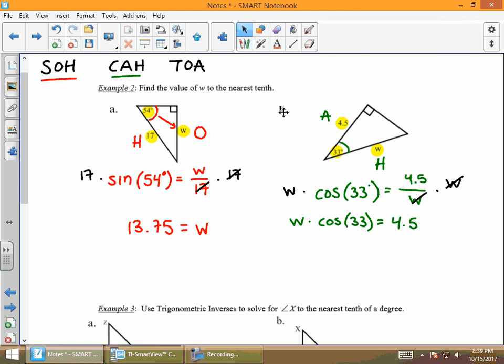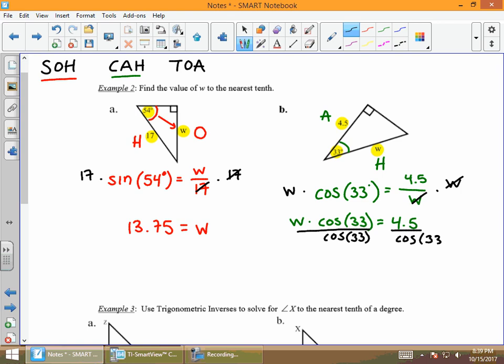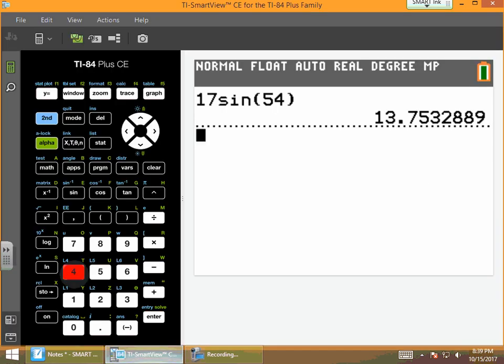And then I need to divide both sides by the cosine of 33. That will cancel this side, and that will leave me with my W. So I need to do 4.5 divided by the cosine of 33.